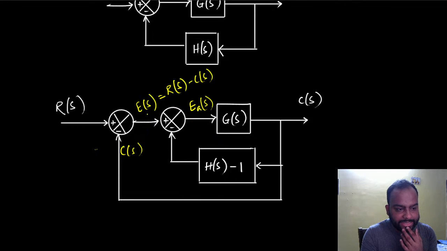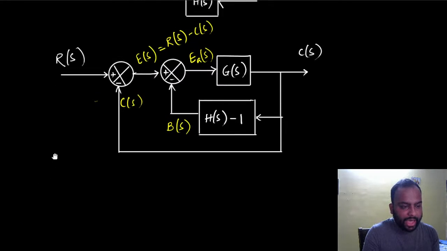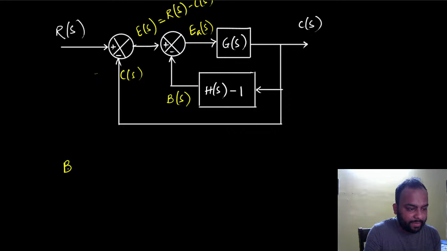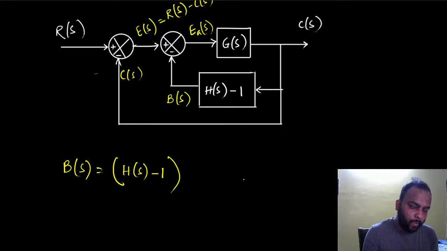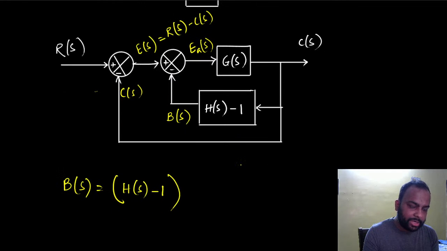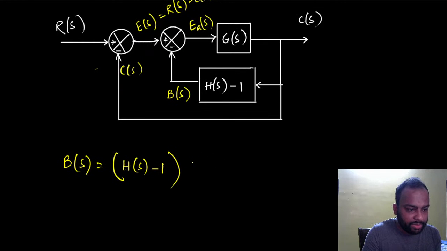EAS is ES plus this signal. So this is my BS here, and BS is HS minus 1 times CS.